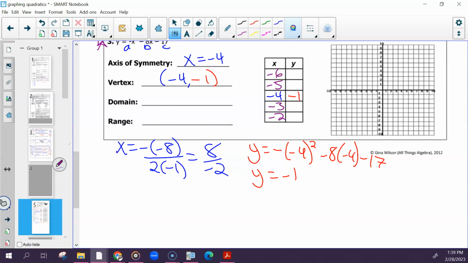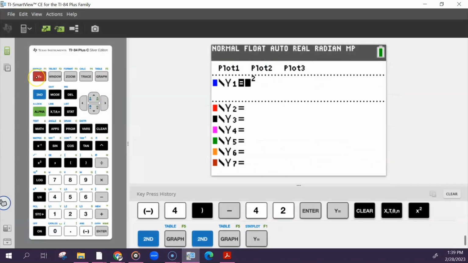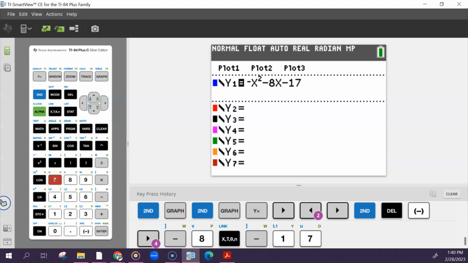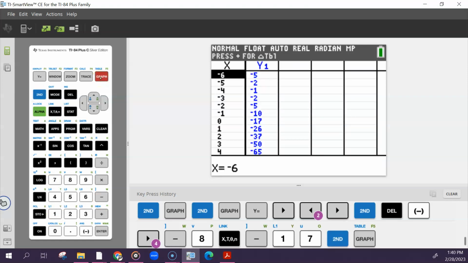Or put it in your graph, put it in your y equals, and then go into your table, second graph.